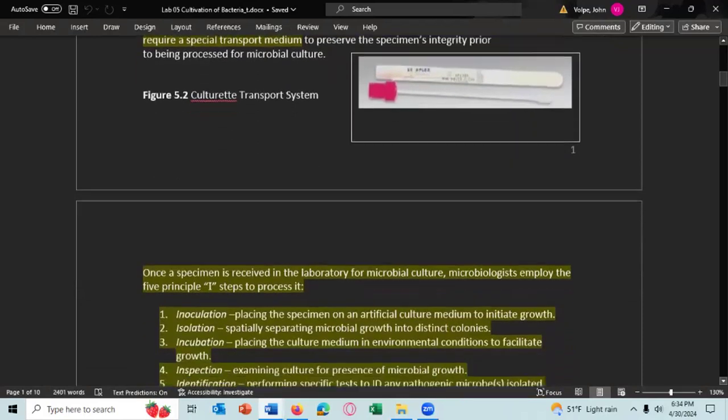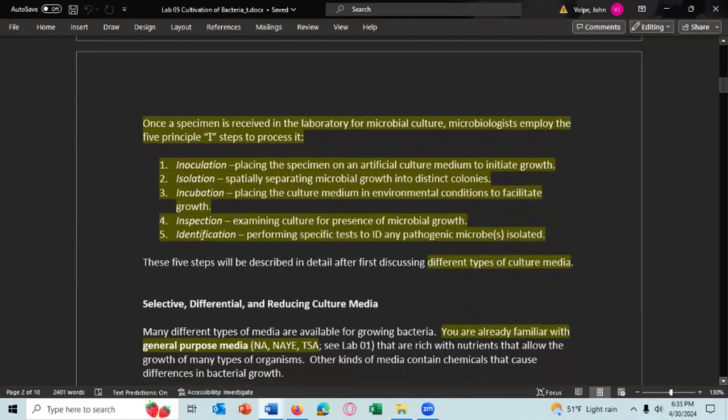Once a specimen is received in the lab for microbiological culture, microbiologists employ the 5 principal I steps to process it. First, there's inoculation. Second, there's isolation. Third, there's incubation. Fourth, there's inspection. And fifth, there's identification.